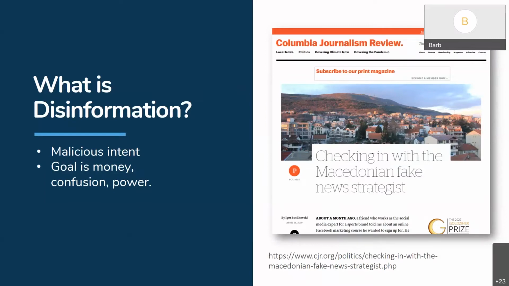This article from the Columbia Journalism Review describes how young, tech-savvy Macedonians in the run-up to the 2016 U.S. presidential election made thousands of dollars a month creating outlandish, totally falsified headlines and then posting them on sites like Facebook to sway public opinion here in the U.S. And by the way, that same article notes that the average monthly salary in Macedonia at that time was less than $450. So you can see there's some money to be made in sowing confusion.